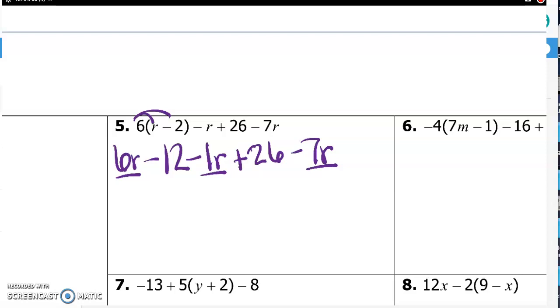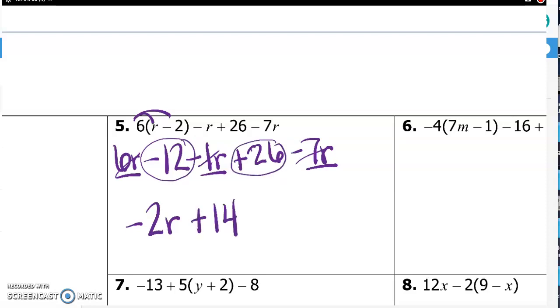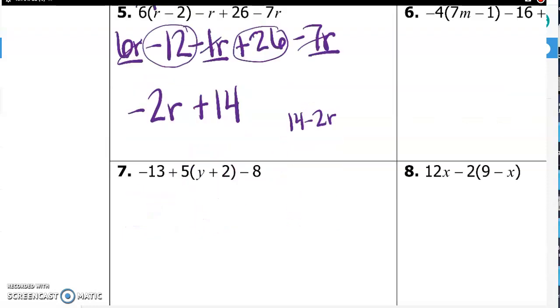That gives us negative 2r. And then we have negative 12 plus 26 gives us positive 14. So negative 2r plus 14. If you have 14 minus 2r, that's fine. We just usually like to write our variables first.